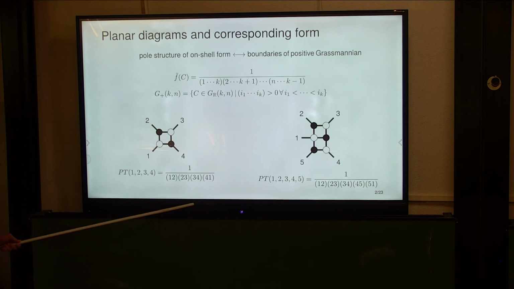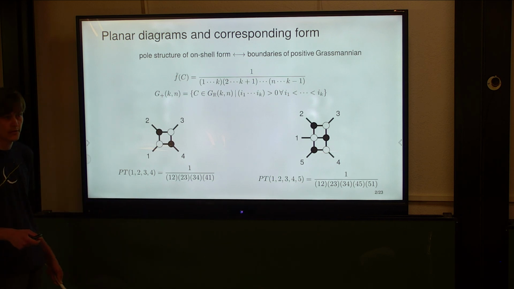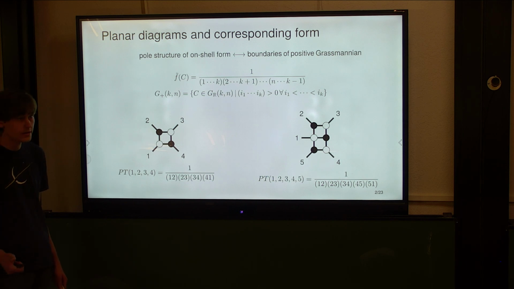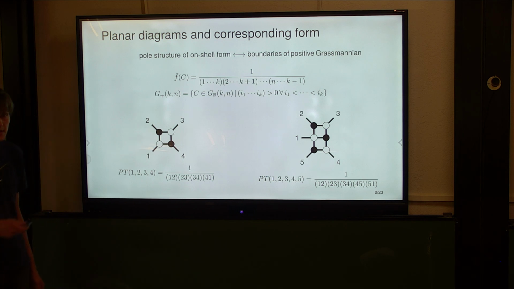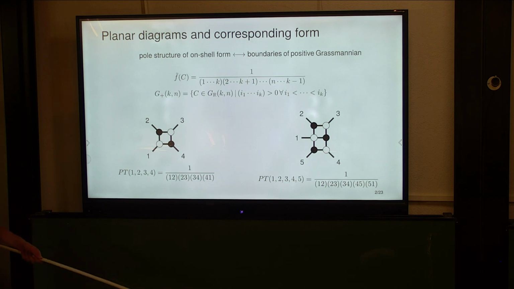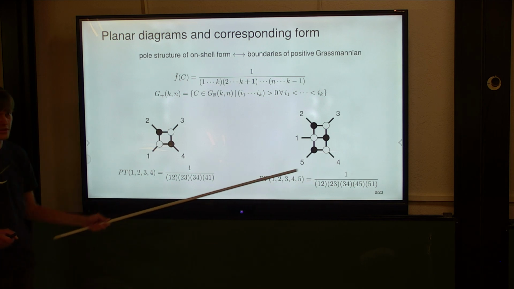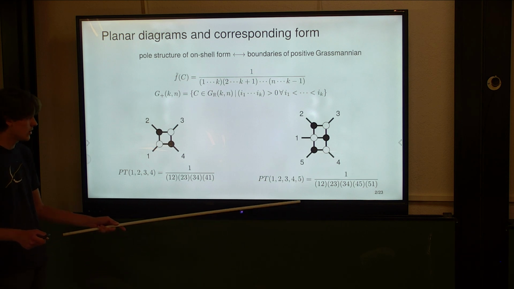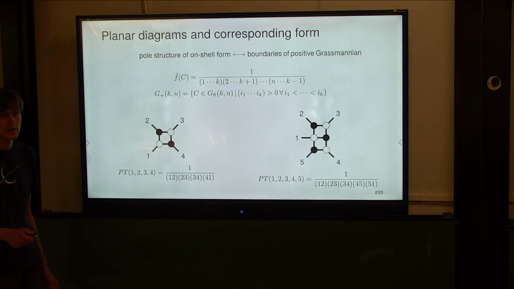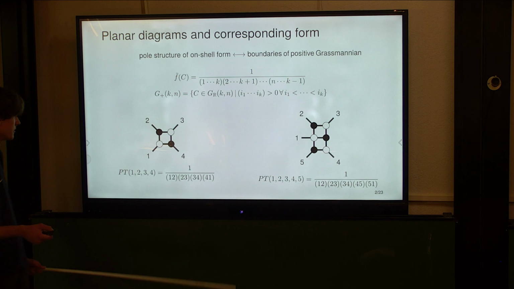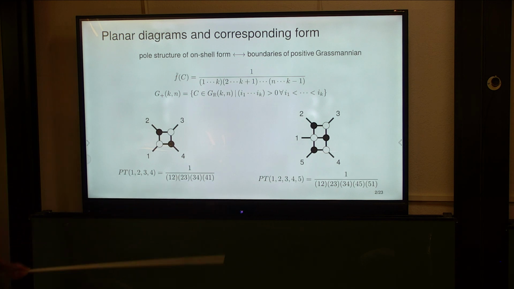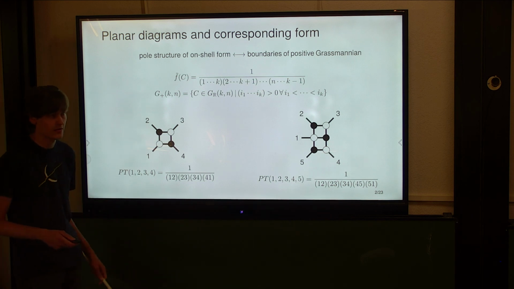Here I have two very simple examples at 4 and 5 points of planar on-shell diagrams, specifically in the MHV sector, where we have the appropriate number of black and white vertices and helicities for the particles, so that we end up with k equals 2 for the Grassmannian. The differential forms involve these Parke-Taylor factors, where it's just 1 over consecutive Plücker coordinates, or consecutive minors of our 2x4 or 2x5 matrix.